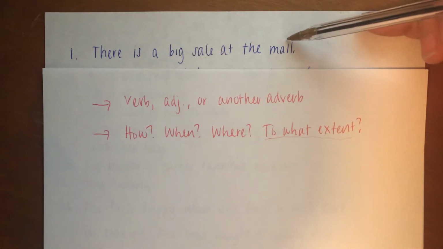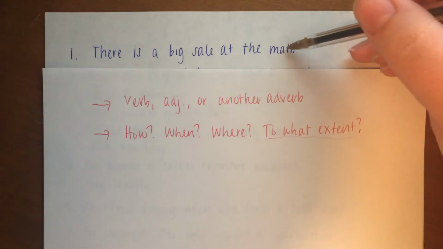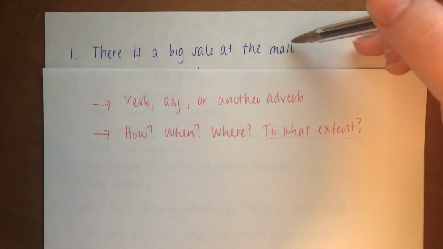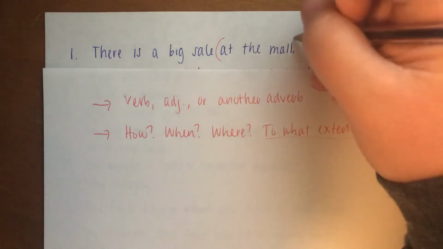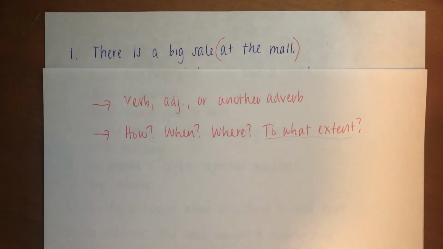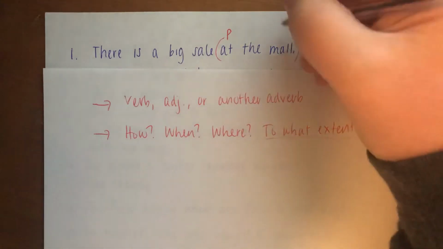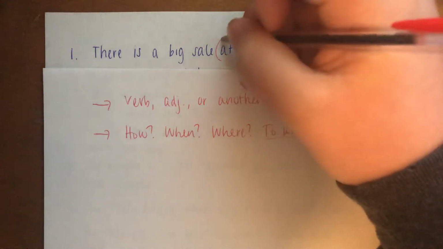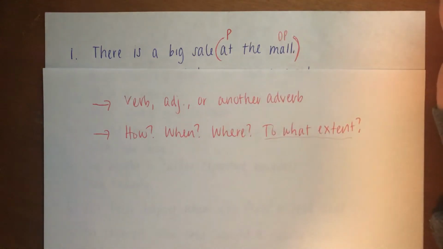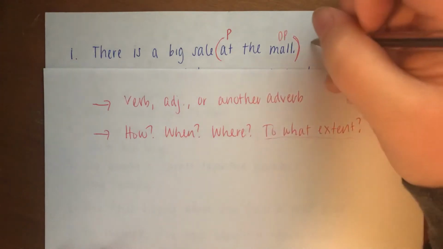It can't be modifying mall. This is a location. It does answer the question where, but remember the paper airplane activity we did where we threw paper airplanes and you said where they landed? Paper airplanes can land at the mall. So this becomes a prepositional phrase, so this can't be an adverb. All right, so there are none in number 1.